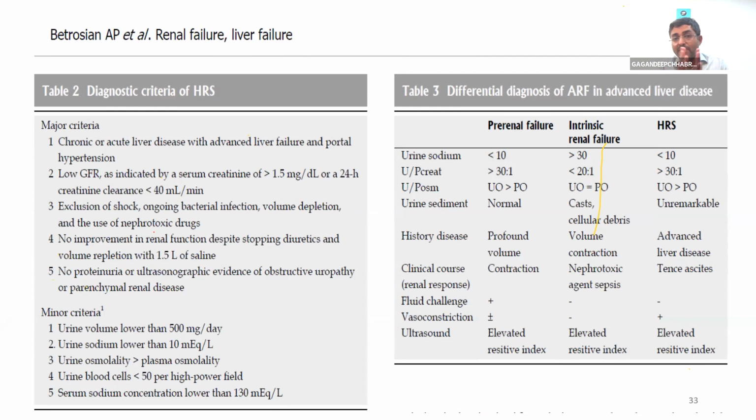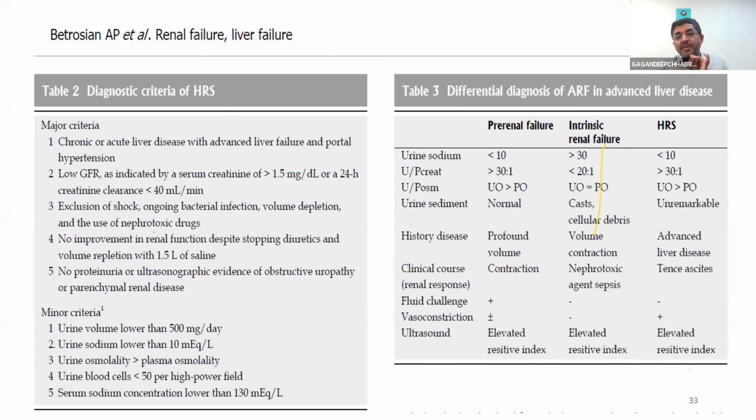I'm not going to detail that. But what is more important, as you may have read in your PG books also, is the differentiation between pre-renal, intrinsic renal, and hepatorenal syndrome. If you see closely, what is most important here is the urine indices. Urinary sodium is less than 10 in both hepatorenal as well as pre-renal, but more than 30 in intrinsic renal. According to me, what is more important is the urinary sediment.